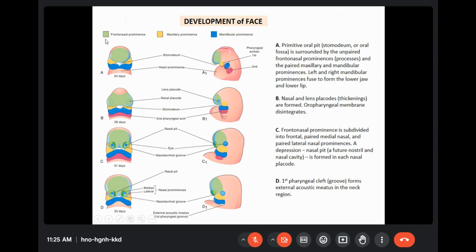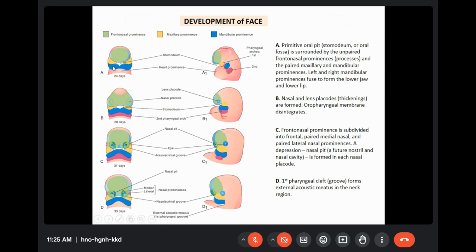Green color is for the frontonasal process or prominence. The yellow color is for the maxillary process or prominence, and blue color is for the mandibular process or prominence. At first, the primitive oral pit, or stomodeum, is surrounded by the unpaired single frontonasal process above and paired maxillary and mandibular processes.